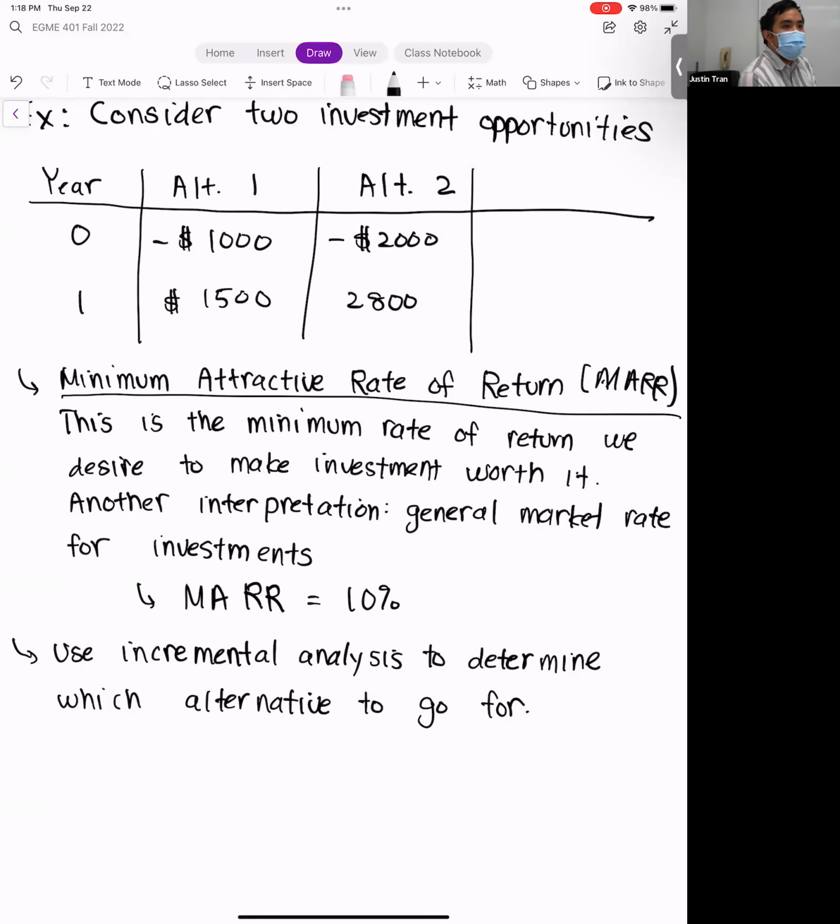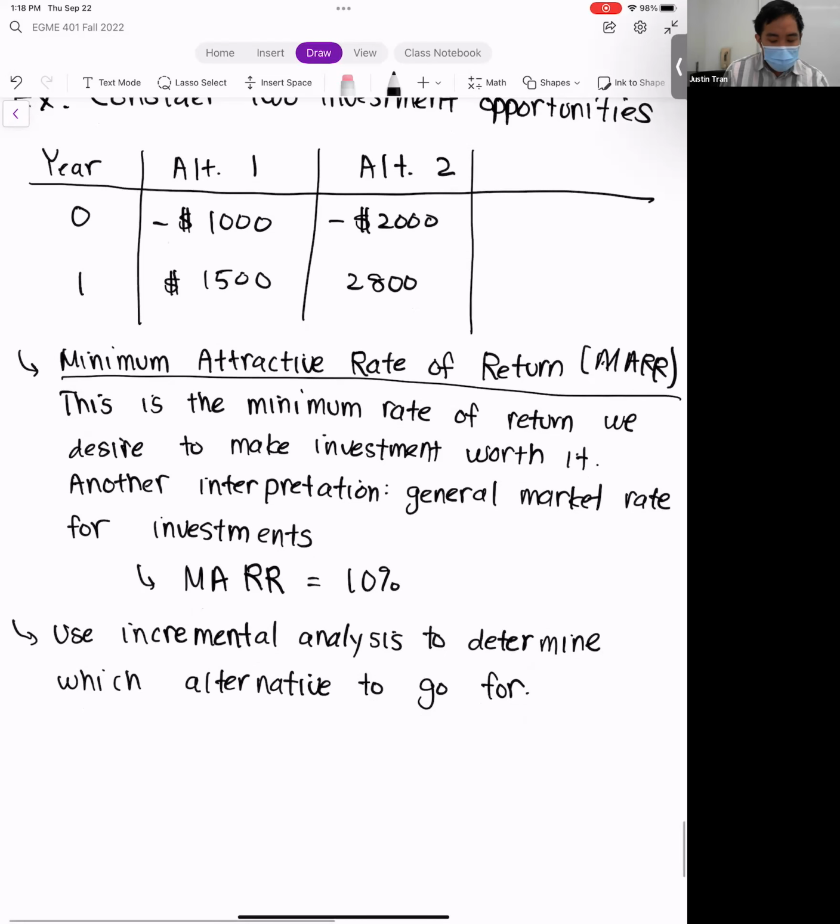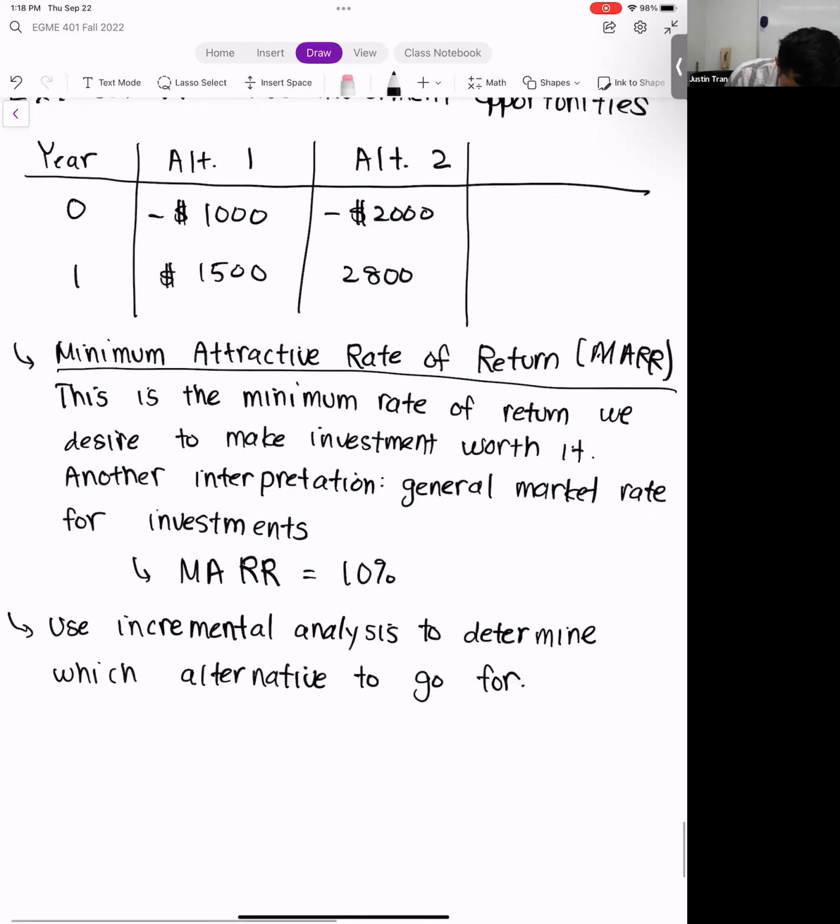So our budget here is $2,000, no matter if we pick alternative 1 or alternative 2. No matter what, we want to spend $2,000.